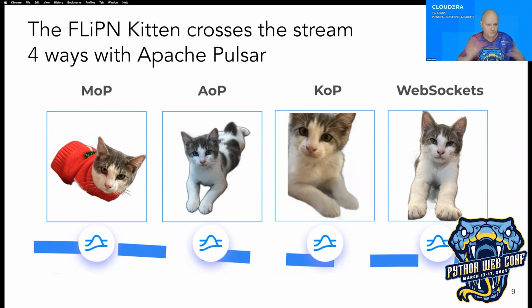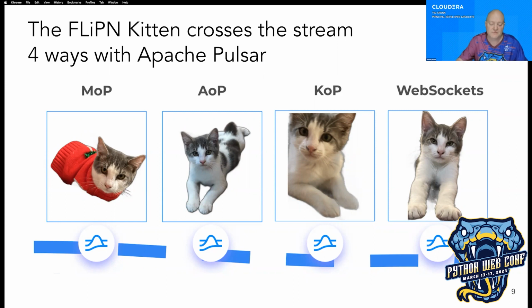Now, when I want to talk to a Pulsar cluster from Python, I've got 4 different ways to do it with my 4 pictures of my cat. We could do MoP, which is MQTT. A lot of people in the IoT space like to do that, and that's a great place for Python. We do AMQP. That is RabbitMQ.